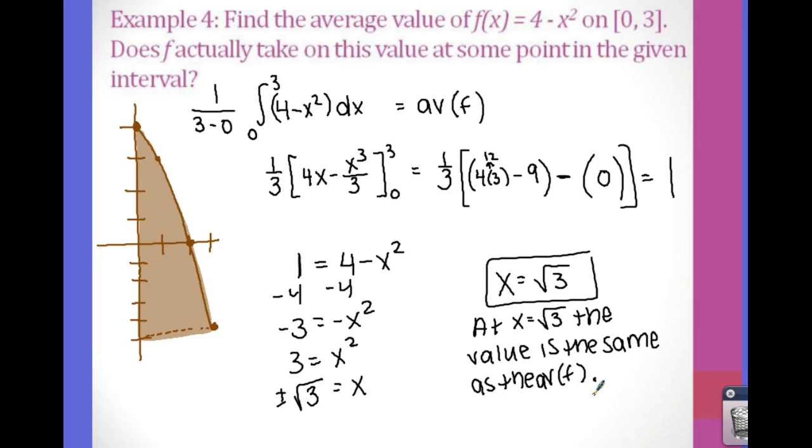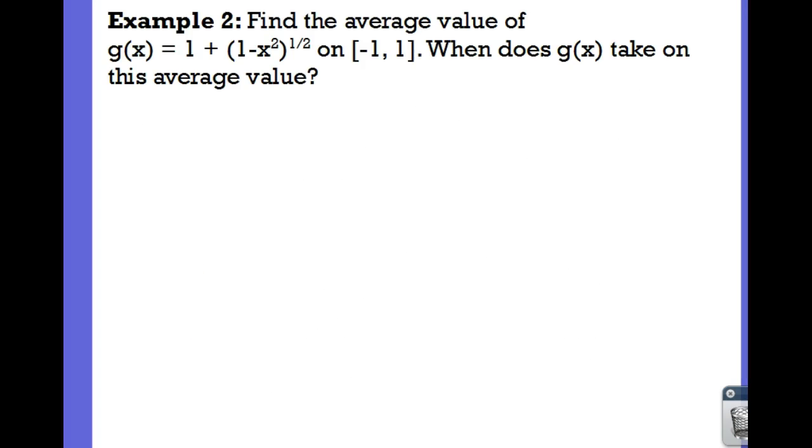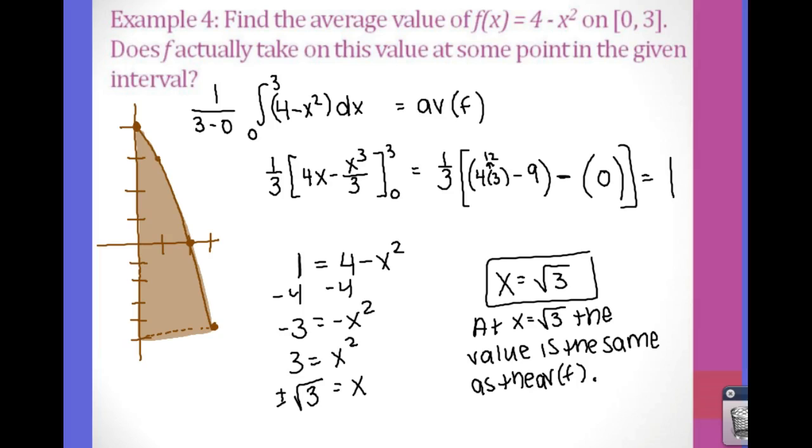Okay, let's look at the next example. So the average value of F on the closed interval 0 to 3 is 1. So at x equals root 3, the value is the same as the average value, which is 1. So if you plugged root 3 in, I get it.